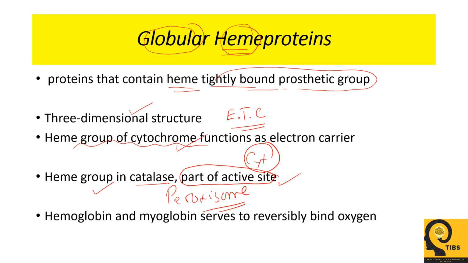And of course, hemoglobin and myoglobin are both respiratory pigments. They reversibly bind with oxygen, and not only transport it but some of them also function as storage of oxygen. So, students, there are many types of globular heme proteins in our body.